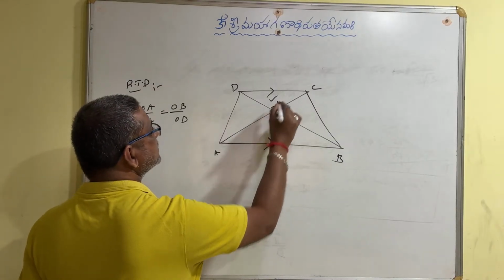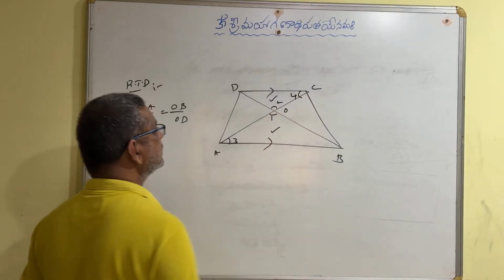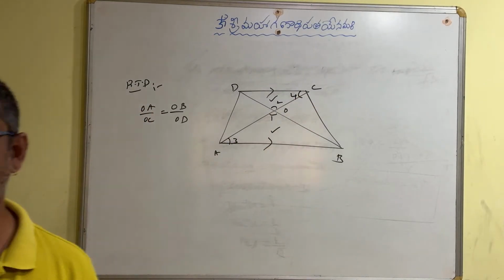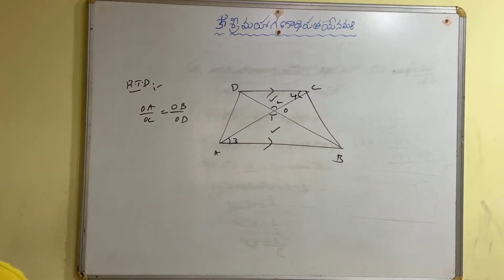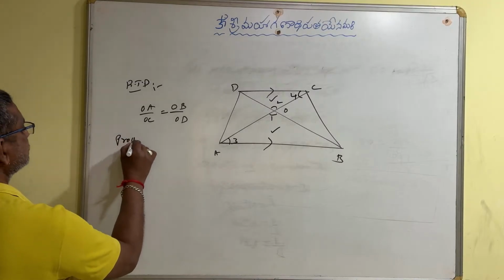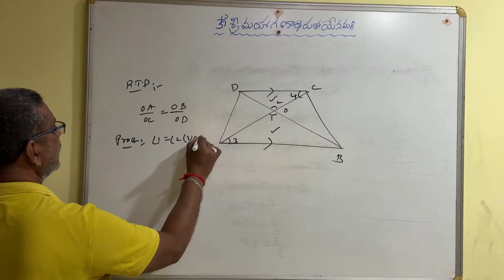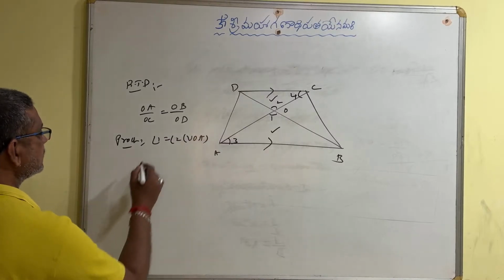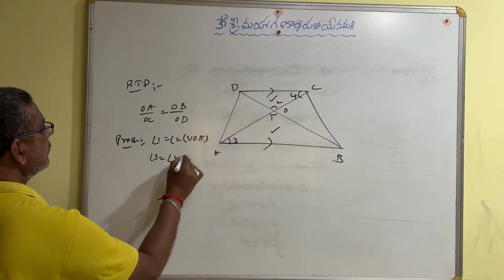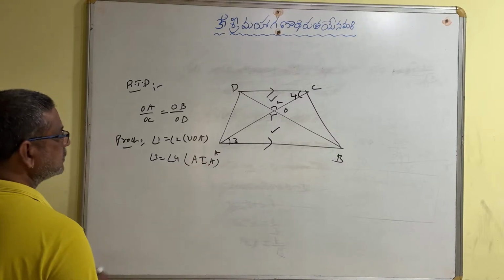Vertically opposite angles are equal, and alternate interior angles are equal. Angle 1 is equal to angle 2, vertically opposite angles. Angle 3 is equal to angle 4, alternate interior angles.